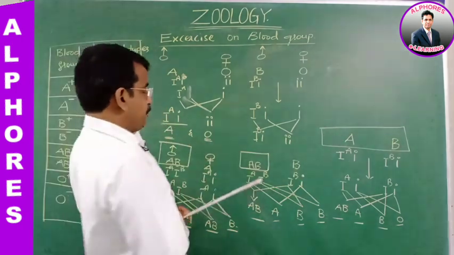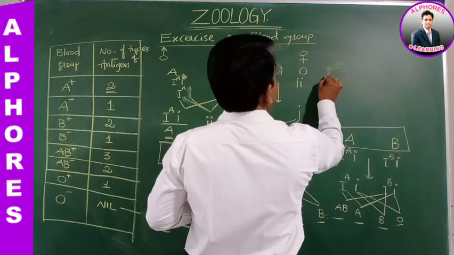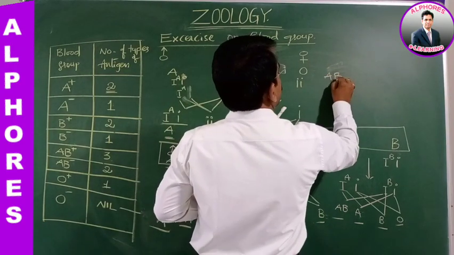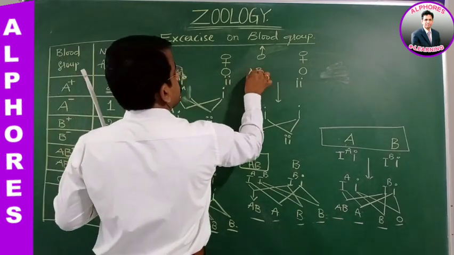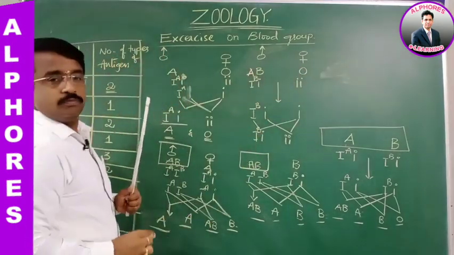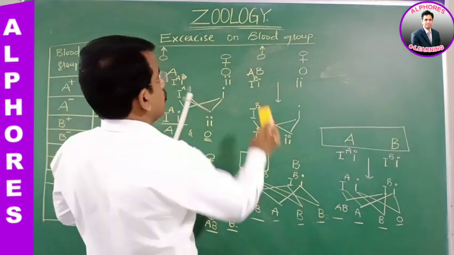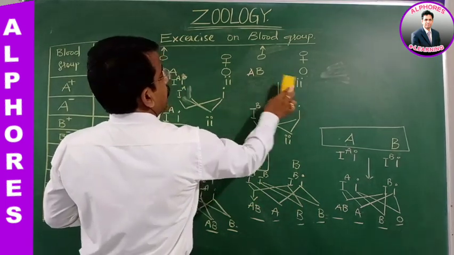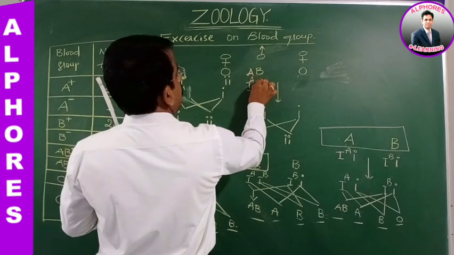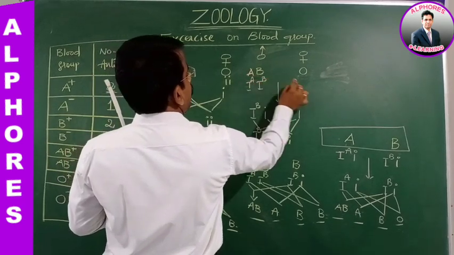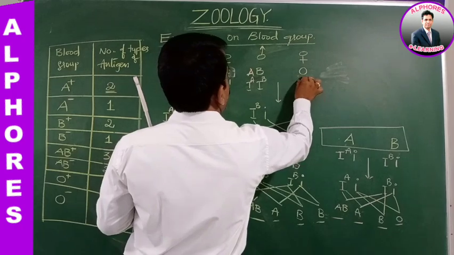Let's see if we go for AB and O. AB and O. I'll write here itself. AB and O. If you see here, what is the genotype? IA, IB and IO.